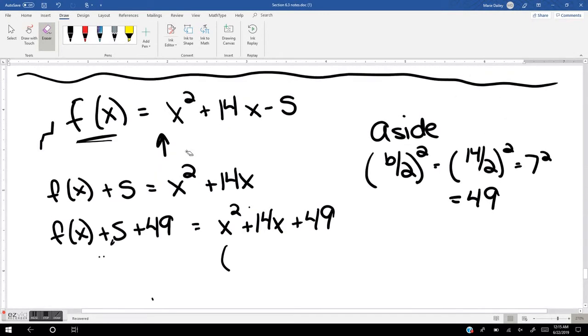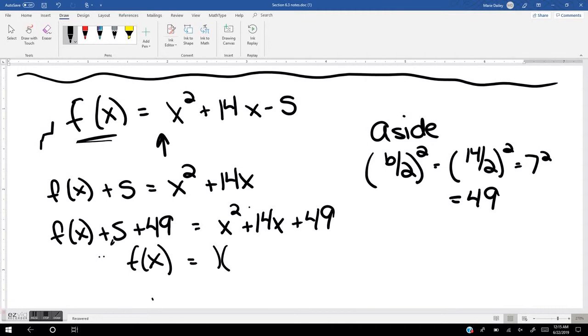This then gives me that f of x then equals x squared plus, what did I write? Okay, sorry, back it up.